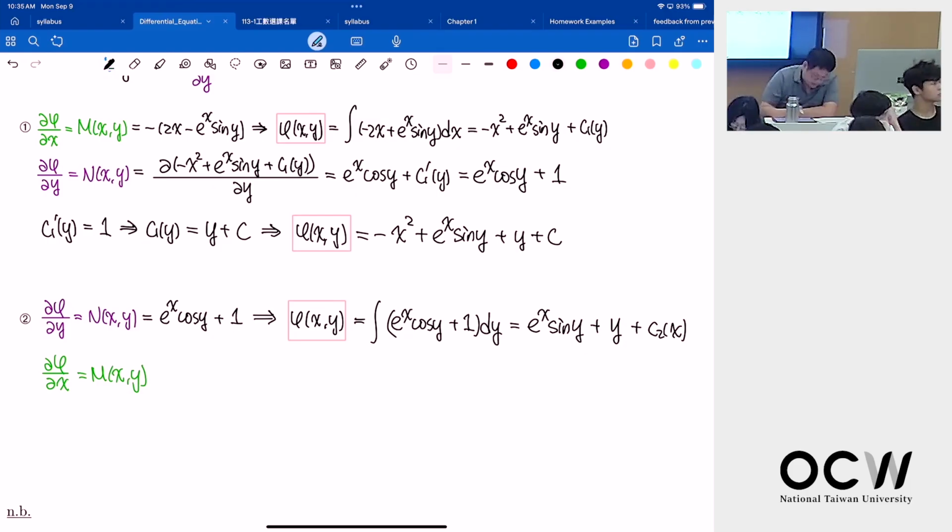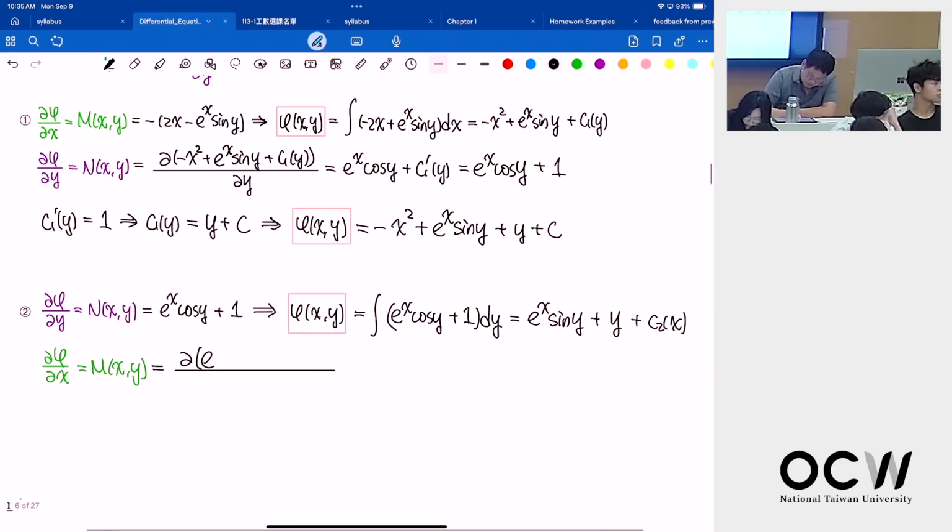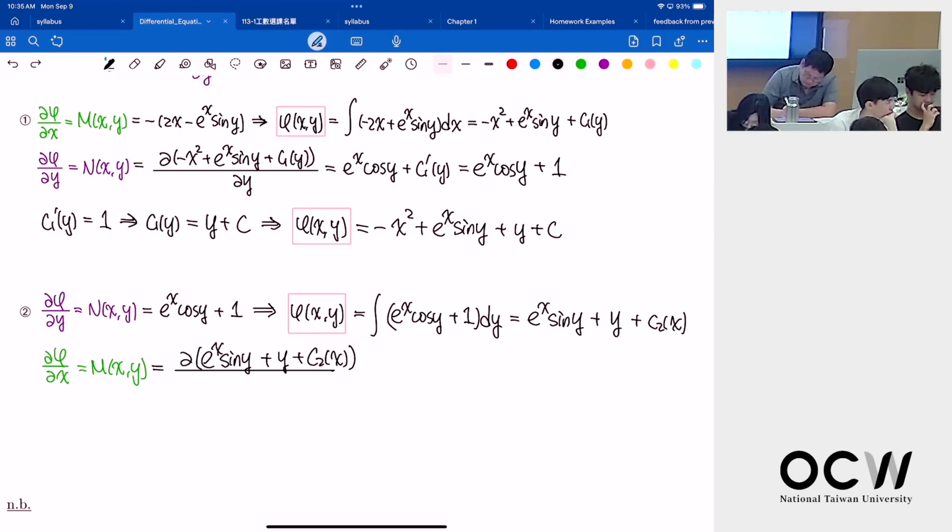Since we have the potential function already, this potential function is e to the x sine y plus y plus c2(x), partial x.